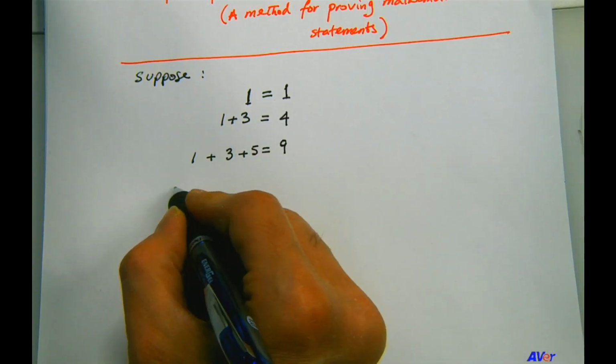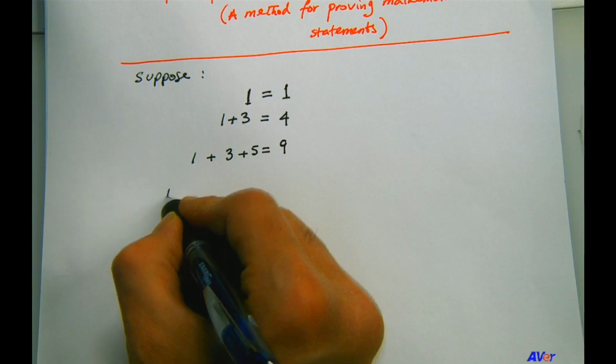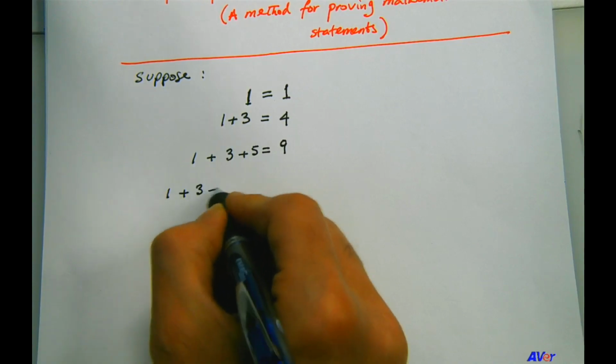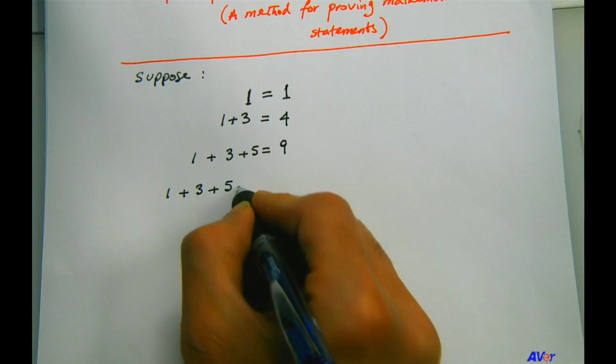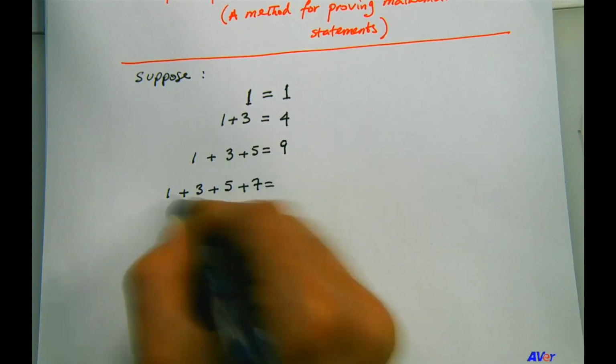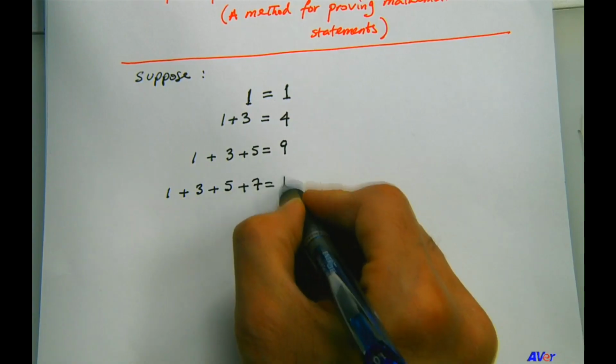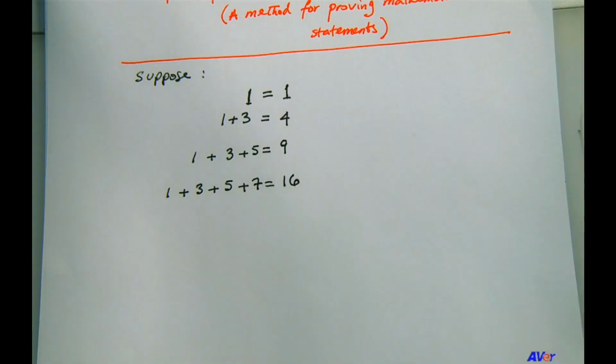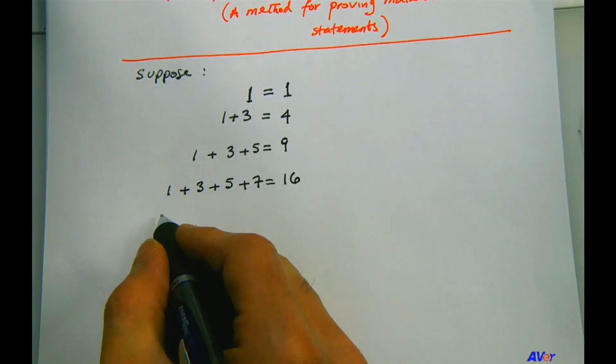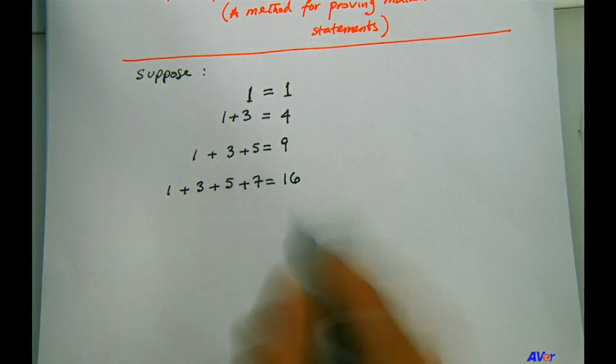And then let's say I say 1 plus 3 plus 5 plus 7, that would be 9 plus 7, 16. Again, everybody would agree with that, right? And then finally, let me make another mathematical statement.